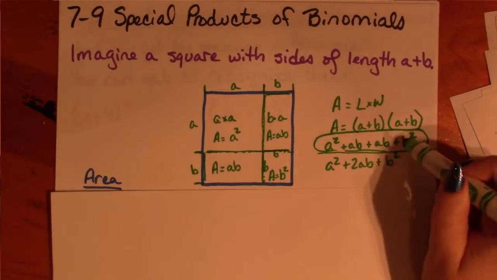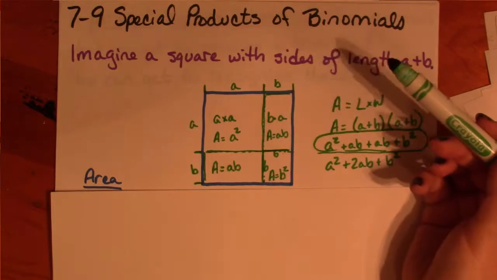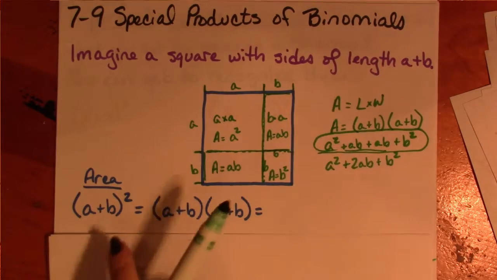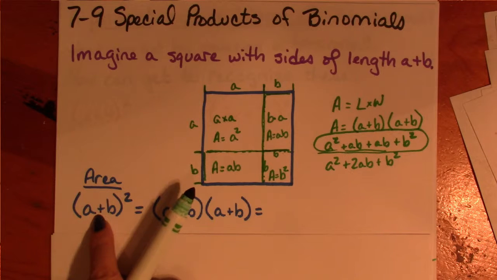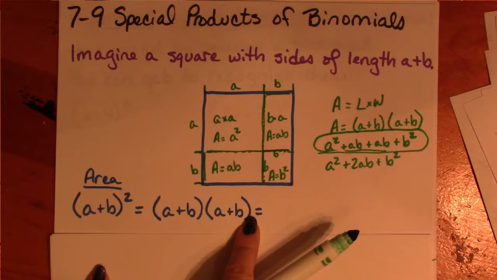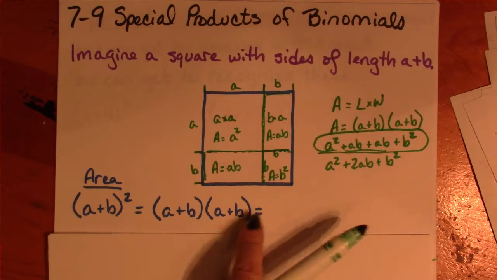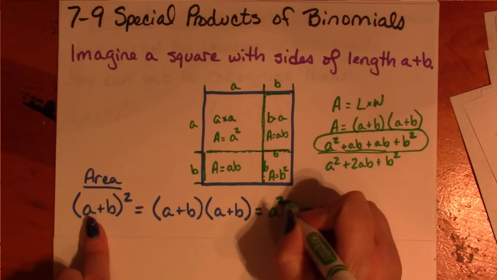Now, it happens like this every single time when you're working with squares. When you're working with squares of something that's an addition problem, you're going to get the same pattern each time. You're going to take the first one and you're going to square it.